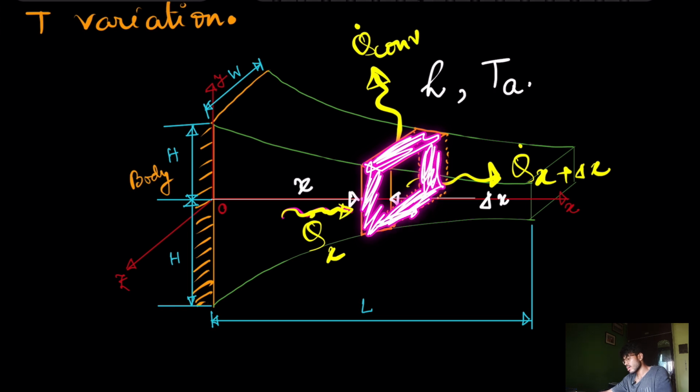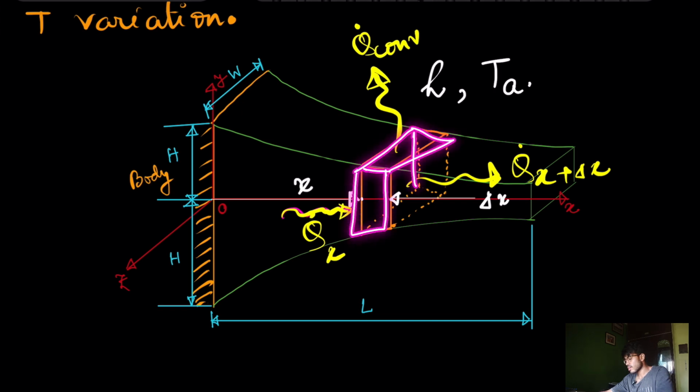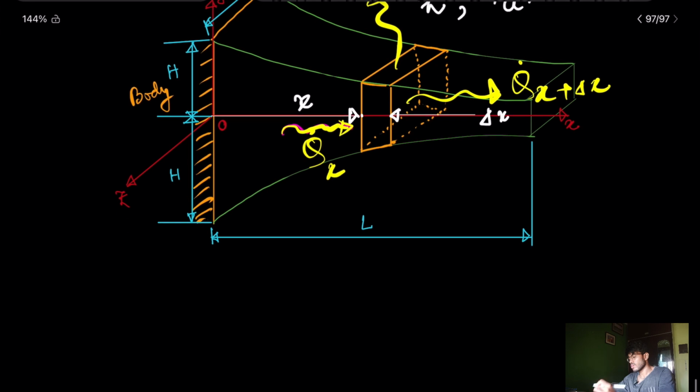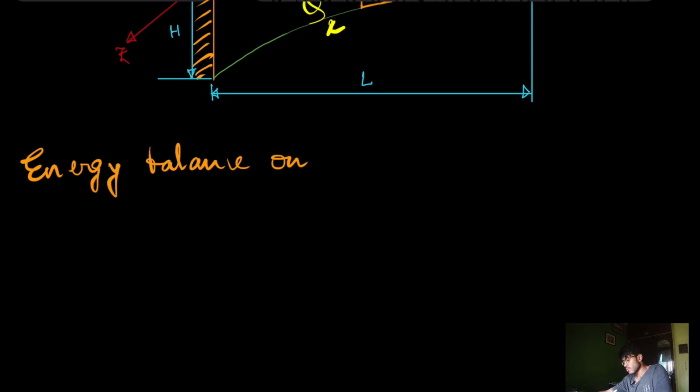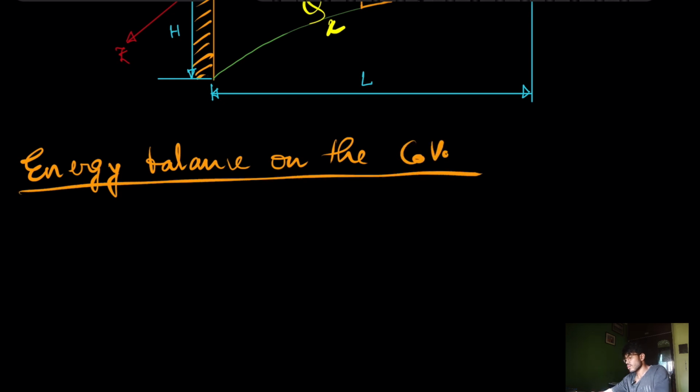So the total peripheral area is this one, this one, this one, and this one. For this control volume, if I now write the energy balance on the CV, what will that be?